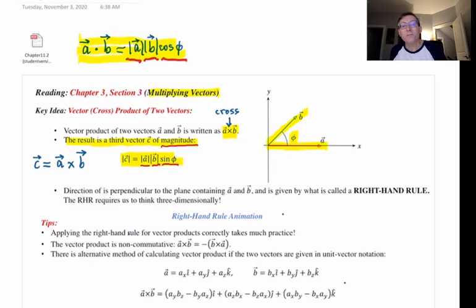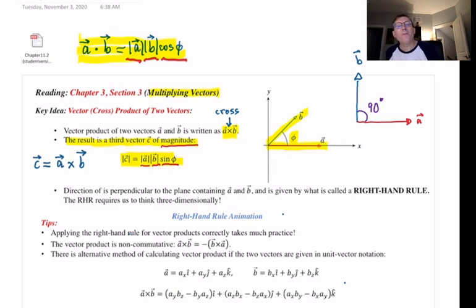Sine of phi, what's the biggest sine phi can be? 1. What's the value of phi when sine equals 1? Did you say 90 degrees? That would be a situation like this. A is like so, and then B is like so, so that the angle between them is exactly 90 degrees. That will give you the biggest magnitude C.